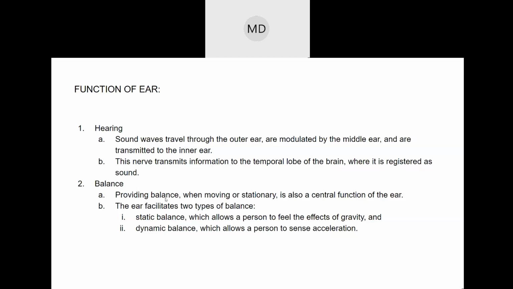You will not be able to sense gravitation. You can stand straight up because you can sense gravitation, right? But without the ear you won't be able to sense anything, and you won't be able to stand straight or walk. So the ear provides balance to our body.